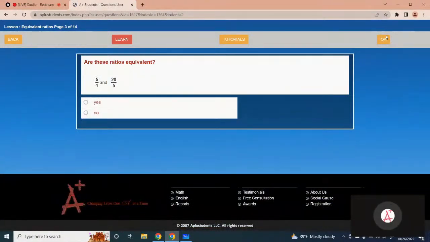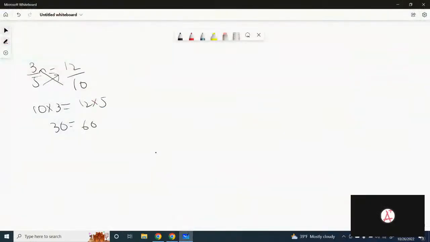Okay, the next one is 5 by 1 and 20 by 5. Are they equivalent? 5 over 1 and 20 over 5. Okay, just cross multiply. It would be 5 times 5 and 20 times 1.